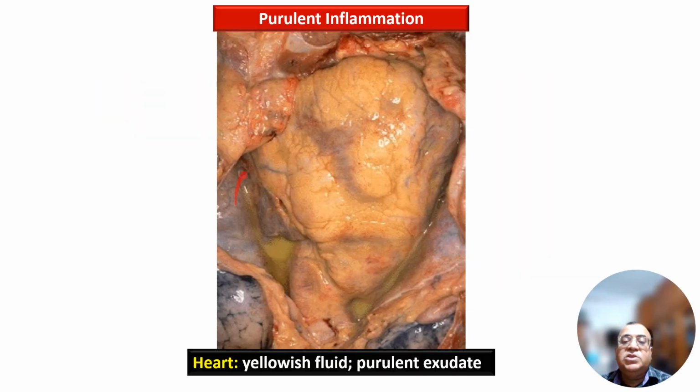Over here in this picture there is a collection of yellowish fluid, and this yellowish fluid is the pus, or purulent exudate, that is present near the heart. So another example of purulent inflammation.